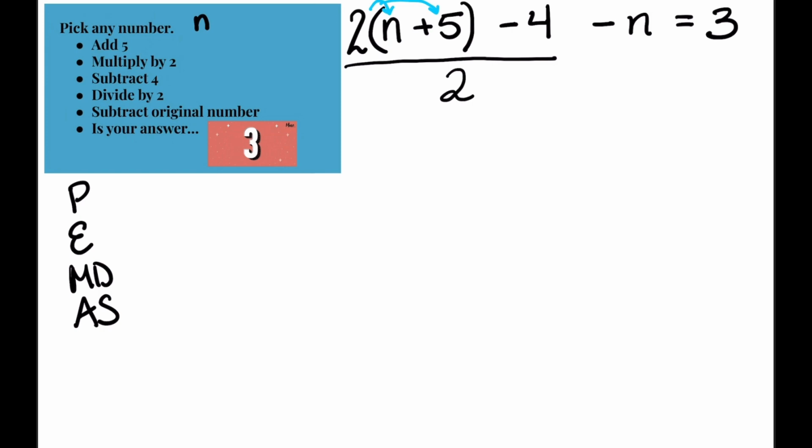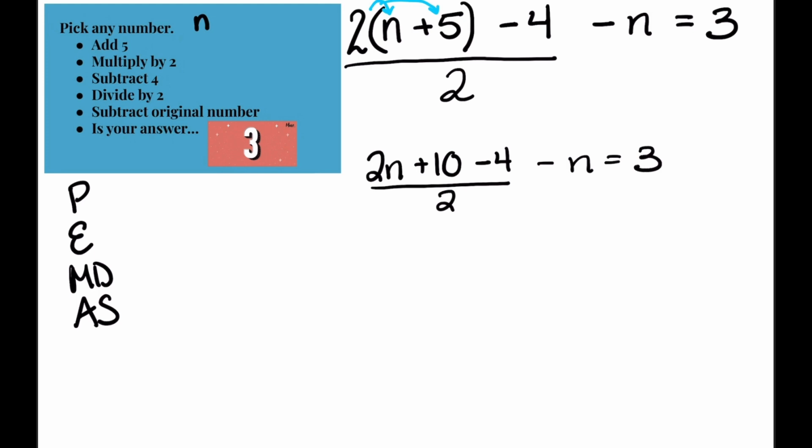So when I do that, I want to give myself a little space. 2 times the number plus 10. Because no matter what, I'm doubling whatever that number is, so 2 times that number, and whatever the 5 was added to it is also being doubled, so that is 10. Minus 4. All this is over 2. Minus n equals 3. Okay, so it looks a little better.